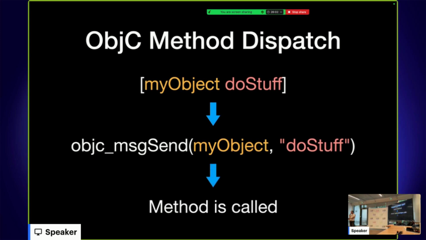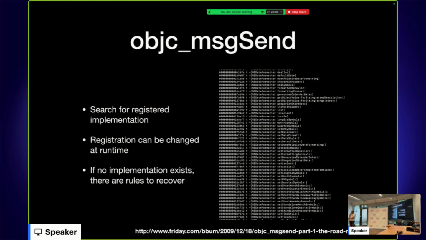And what does this do? It will basically search in a list of symbols and find the address of the function to call. The interesting thing with this function is that if the method does not exist, there are ways to recover and call another function instead. Why not? It's the dynamism of the Objective-C runtime. And you can also say this object now has a different implementation for this symbol, etc.